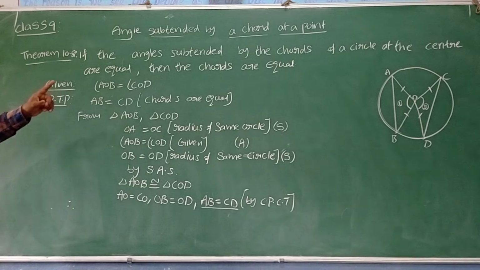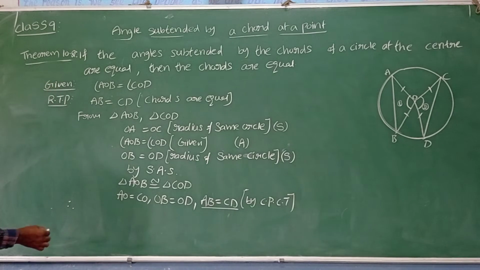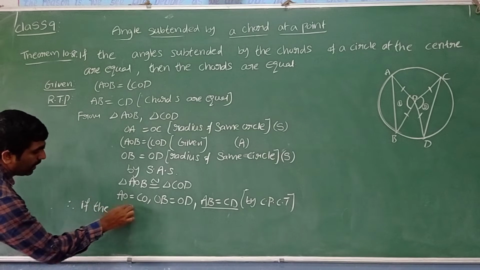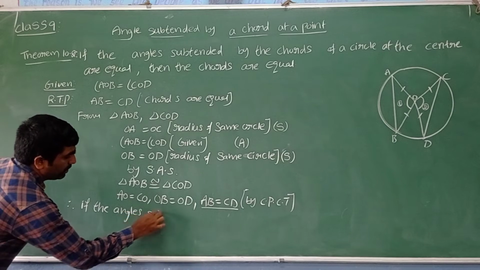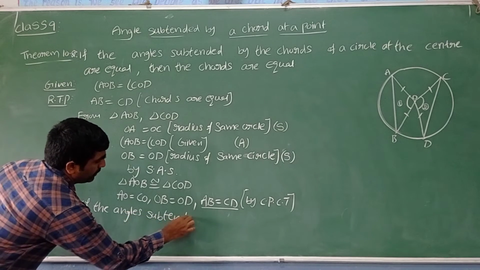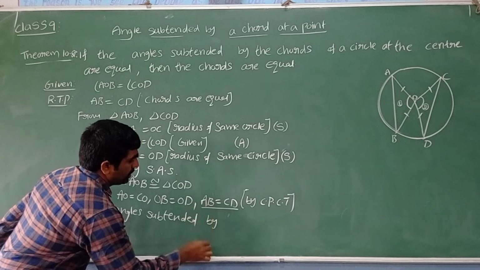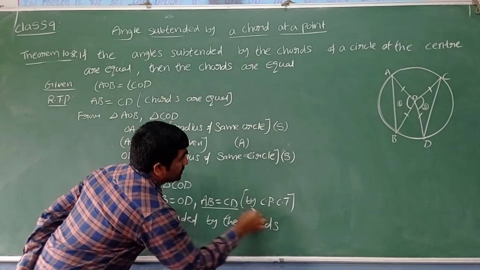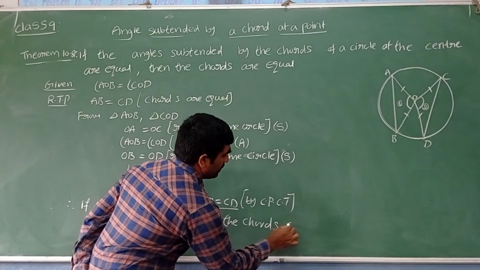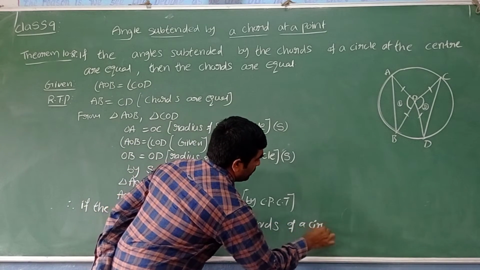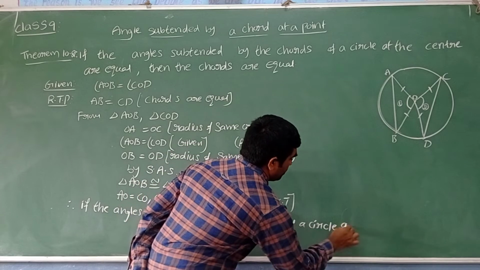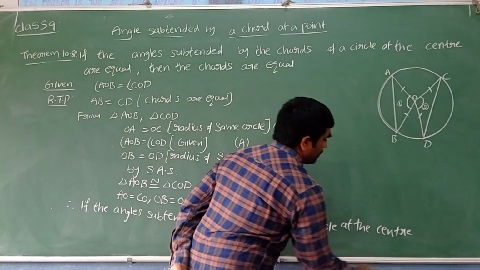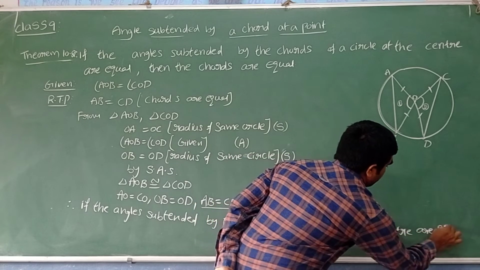Therefore, the angles subtended by the curves of a circle at the center are equal.